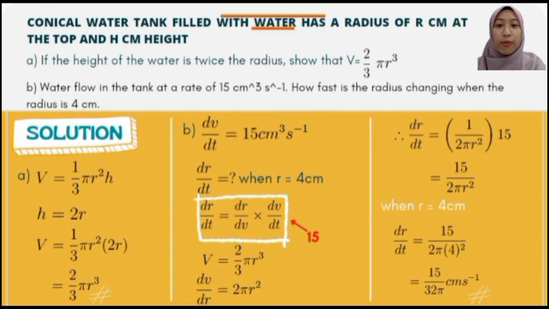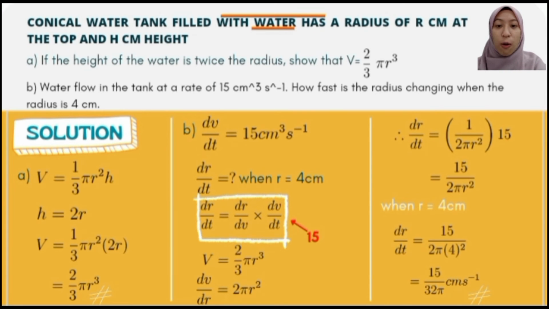So dr over dt, I separate into 2 and get dr over dV times dV over dt. We know that dV over dt is 15. So from the volume, we differentiate it and get dV over dr equal to 2 pi r square.